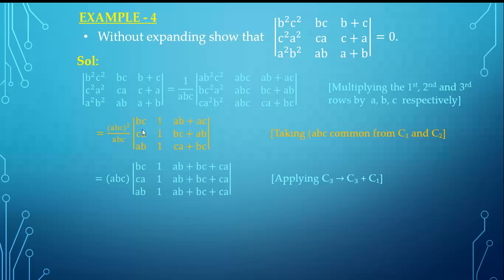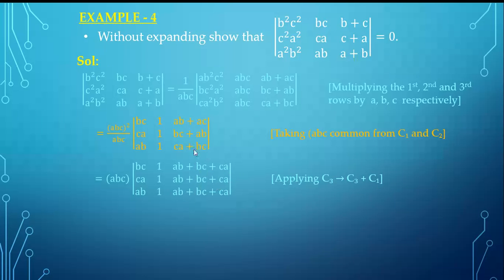Now what do we do here? We can add C3 to C1, so it becomes AB plus BC plus CA. Here again AB plus BC plus CA, and here again AB plus BC plus CA. So when we add C3 into C1, we make the same element. So we change C1 to C1 plus C3.